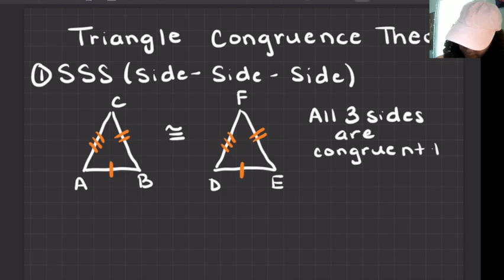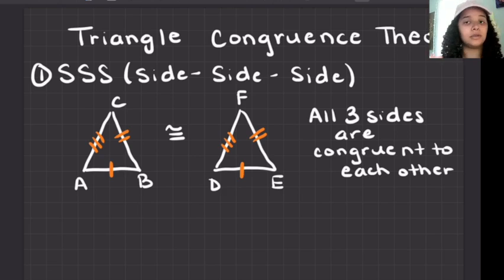And just to clarify, it doesn't necessarily mean that, for example, in ABC, those 3 sides, AB, BC, and AC, have to be the same length. Like, for example, this doesn't have to be 3 inches, 3 inches, and 3 inches. No, not like that. All it means is that if AB is 3, then DE would have to be 3.